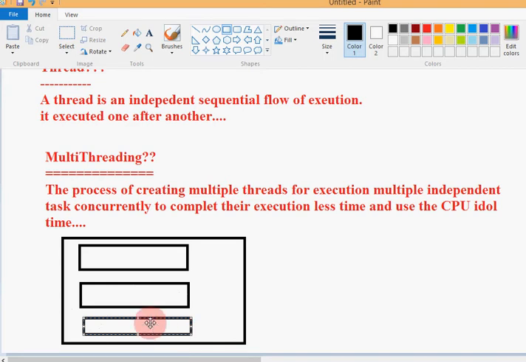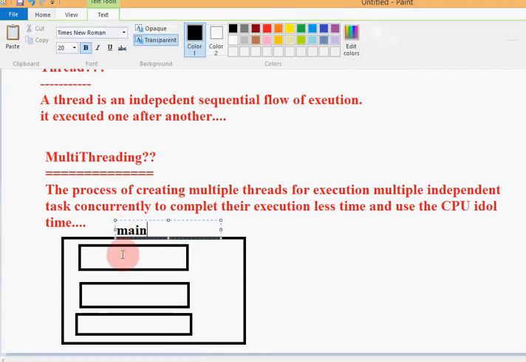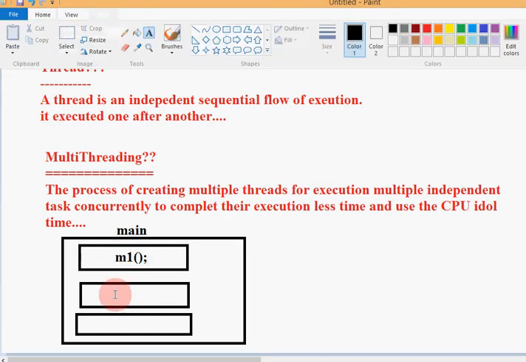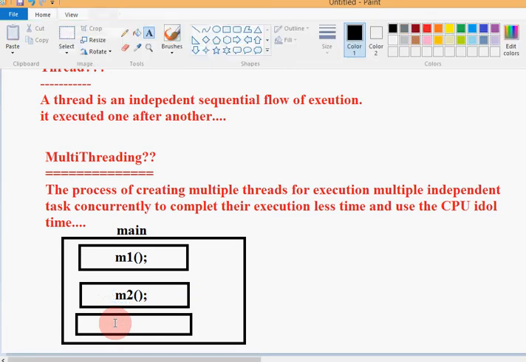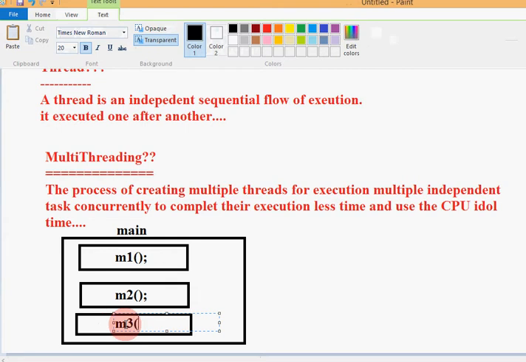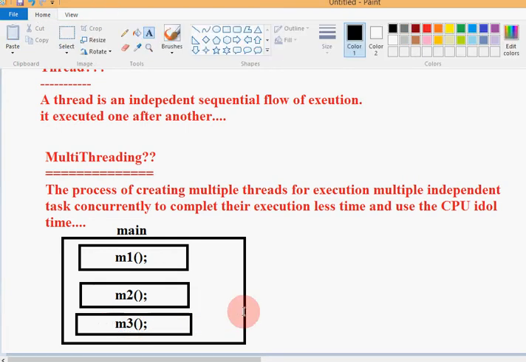Three threads are present. Just imagine this is the main method, and it has three statements: the M1 method, the M2 method, and the M3 method. I have to call these.